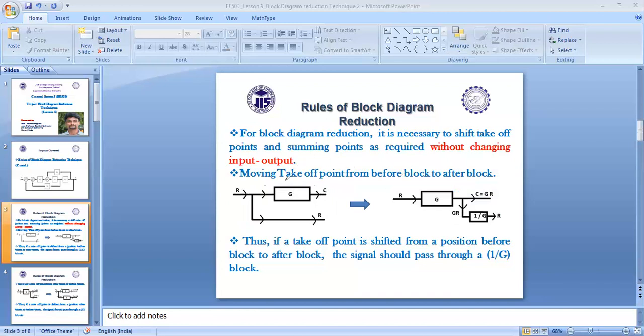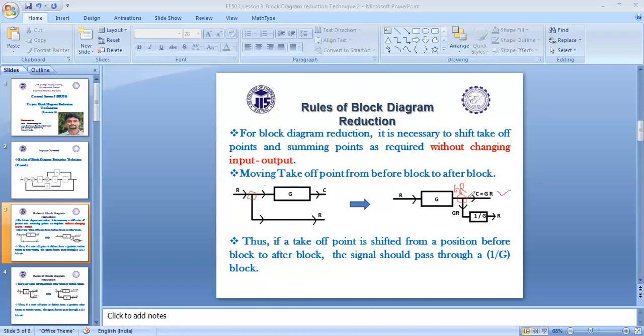Now, if we want to shift this takeoff point after block G, what shall we do? What are the changes to be made by us? R is the input. When it is passing through G, this signal is G into R. So this is one output, C equals GR.